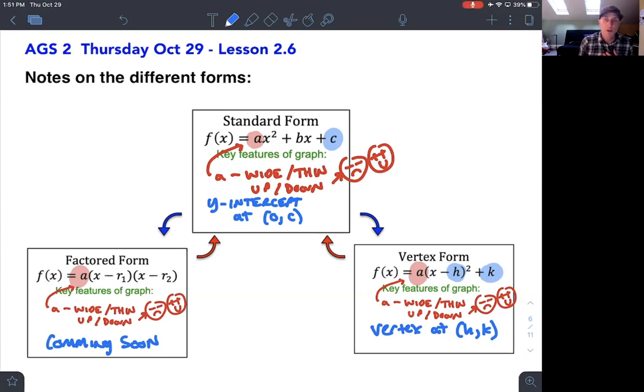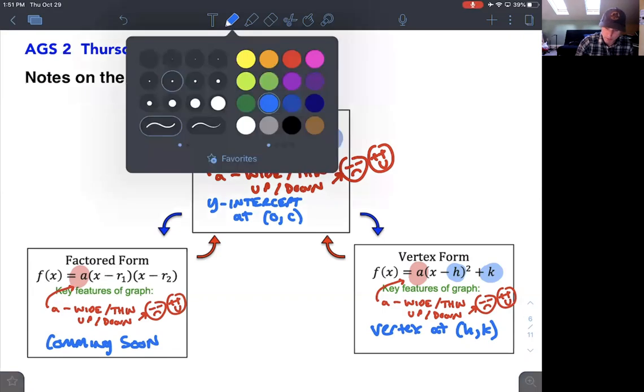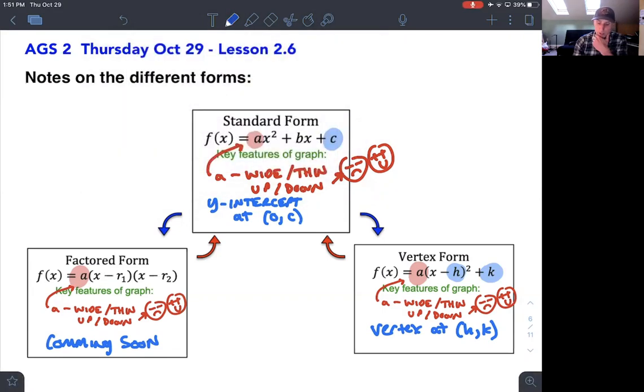Okay, so the last thing I want to describe on this is what's going on with the arrows. On the arrows, I'm going to use a different color here. If we're going to go from standard form to vertex form, you complete the square.